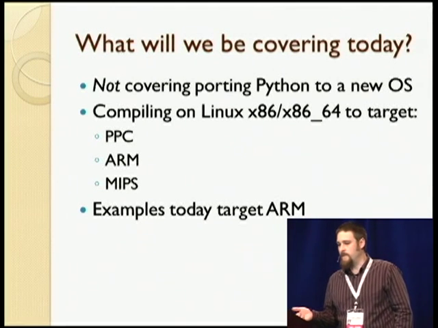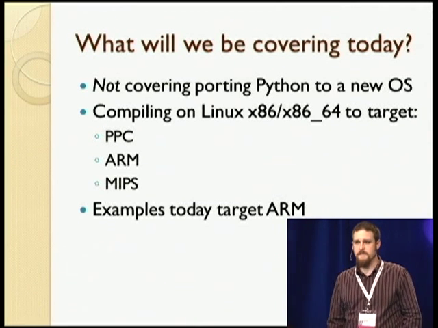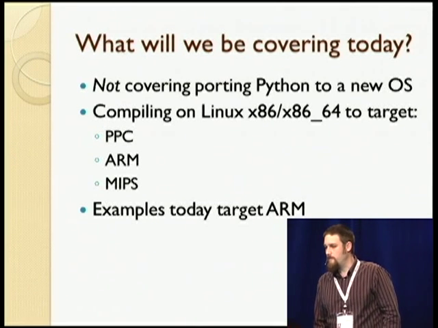And there are a bunch of OSs that are used for embedded systems that Python already has support for, so we can just do compiling. And this talk will focus on compiling from Linux x86 or x64 to a PowerPC or an ARM or a MIPS target. And today's examples are going to be entirely on ARM.